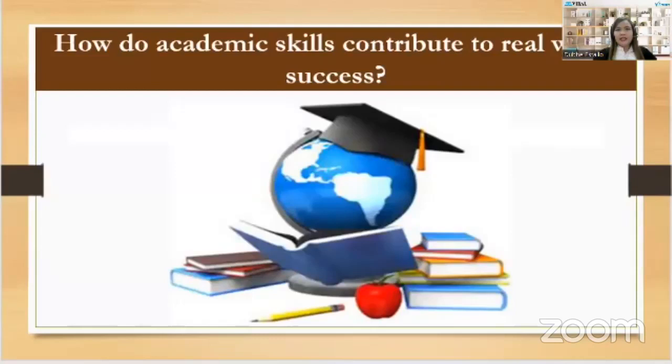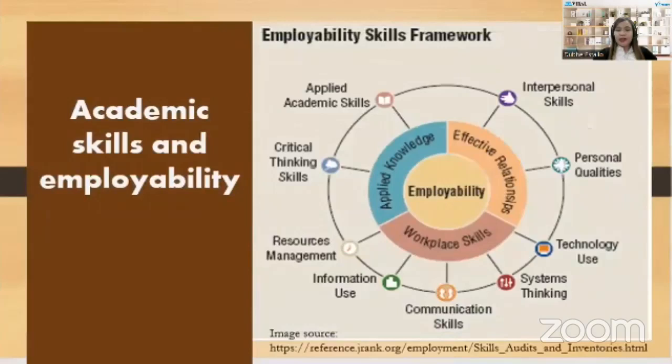So, how do these academic skills contribute to real world success? We've already identified how these academic skills may be applied in careers and real world contexts, but how exactly do they contribute to real world success? It's a question that we have to answer. And our answer is explained in this infographic taken from Employment Skills, Audits, and Inventories, which shows the employability framework.